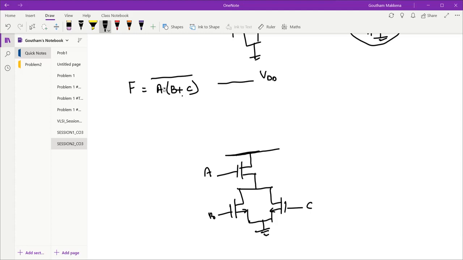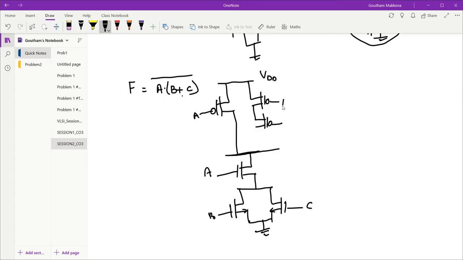Again, AND operation in PMOS is nothing but parallel. So here A is in parallel with B or C. Again, OR operation in PMOS is nothing but series transistor. So OR operation is nothing but series transistor if it is PMOS.